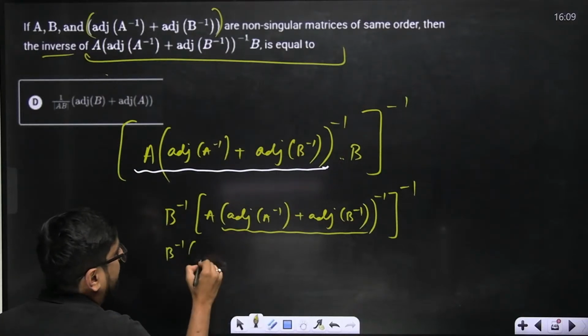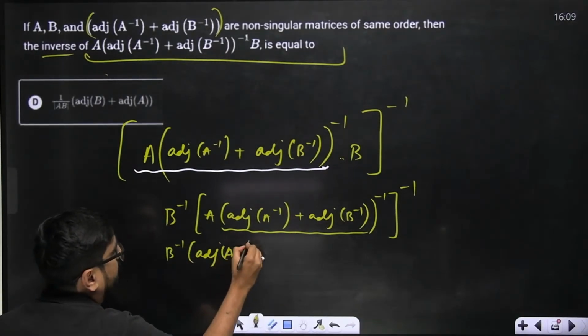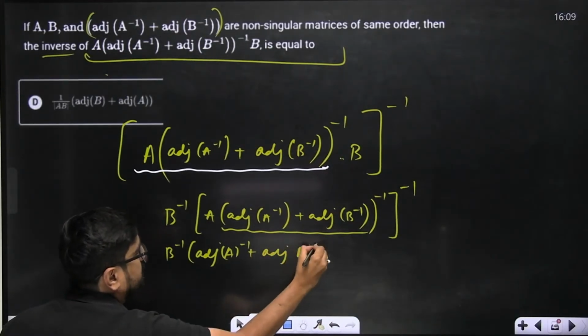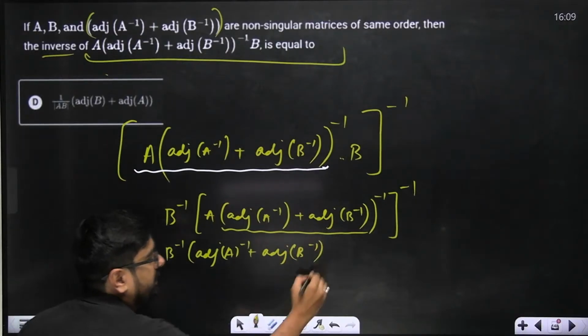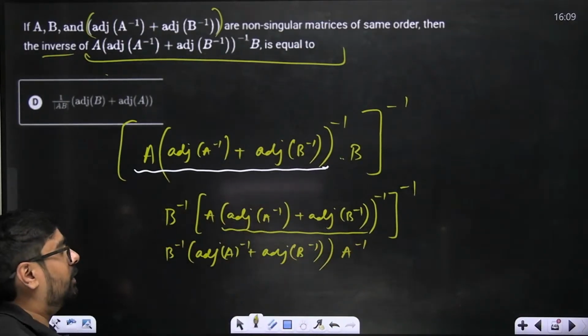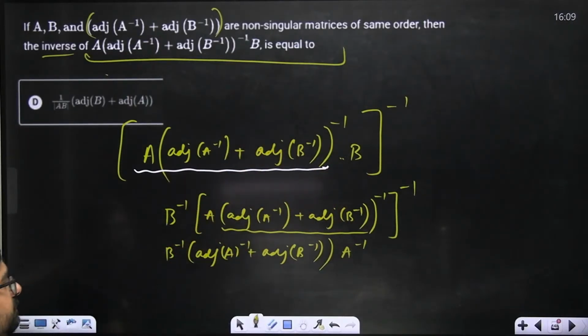So here we'll again get adjoint of A inverse plus adjoint of B inverse, correct? This thing will come as it is, and A inverse will be multiplied, because the inverse of this inverse will be this term only.